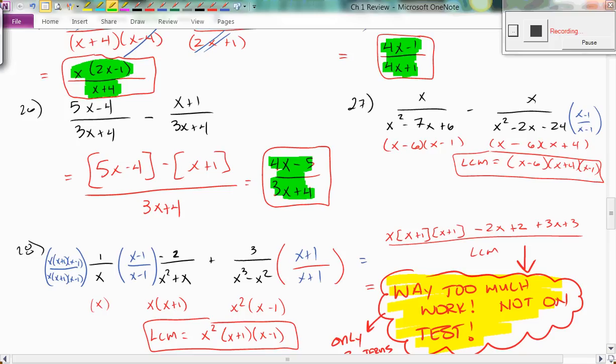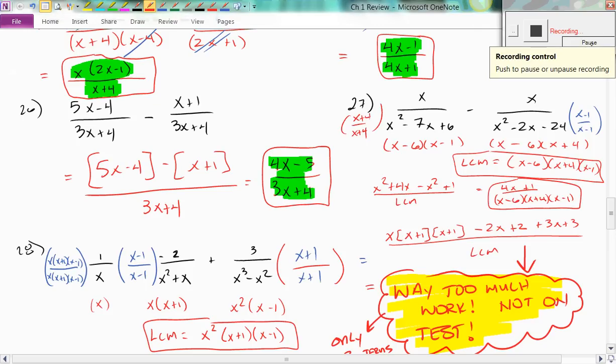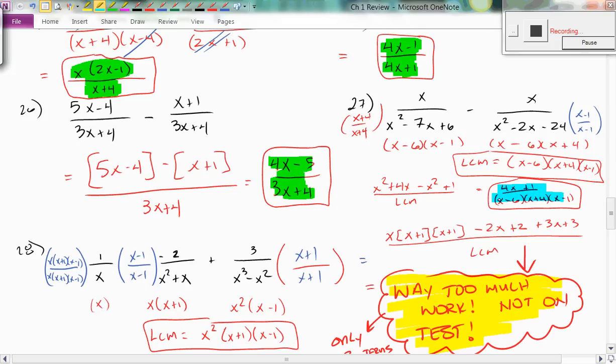Number 27, what did I do? Okay, for some reason I forgot to do that when I was making my sheet here. So I got 4x plus 1 over x minus 6 times x plus 4 times x plus 1. I guess that's what I did for that part. Alright, hopefully you can have that too.